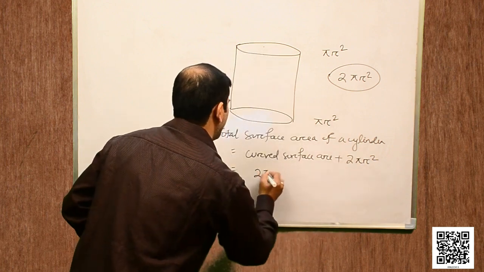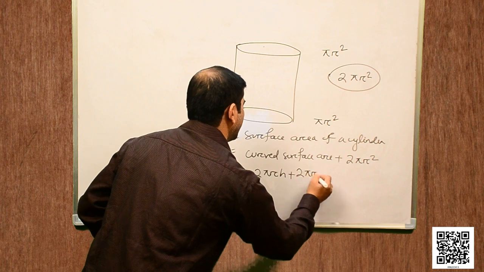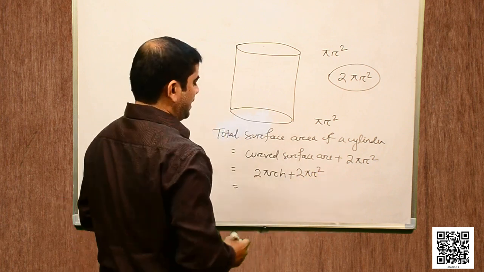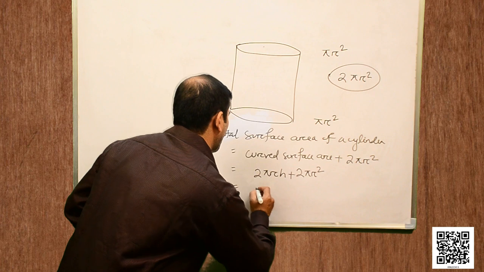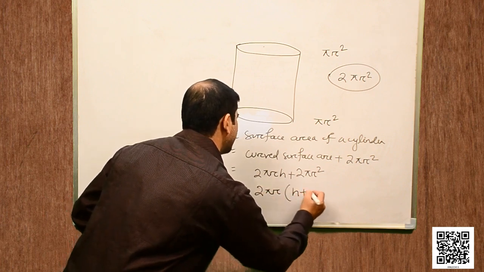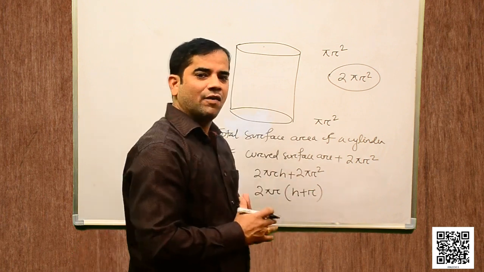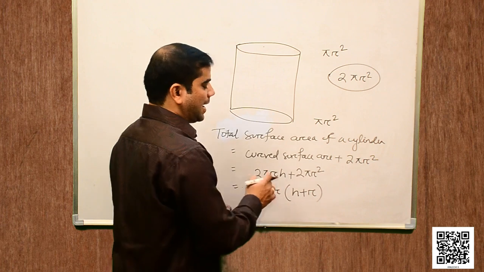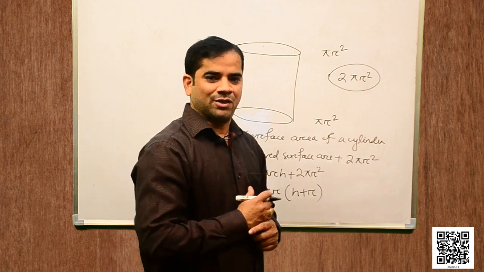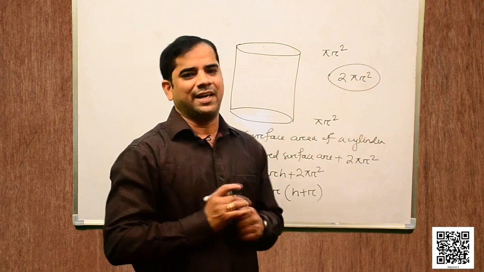So 2 pi r h plus 2 pi r square. When we take 2 pi r as common, we get 2 pi r (h plus r). So therefore total surface area of a cylinder is 2 pi r (h plus r), where h is the height of the cylinder and r is the radius.